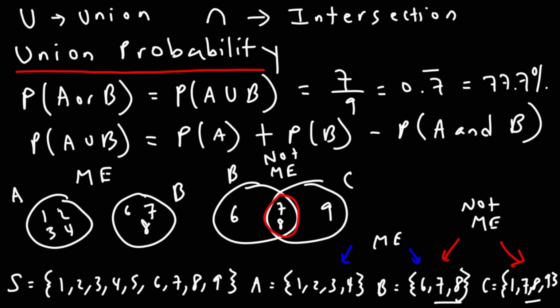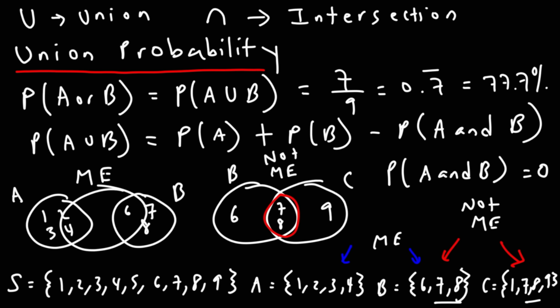So as you could see, because event A and event B are mutually exclusive, the probability that event A and event B will occur is 0 because they never intersect. So that's why this is 0. That's how you can tell if two events are mutually exclusive: if the probability that they occur together is 0, that means they're mutually exclusive.